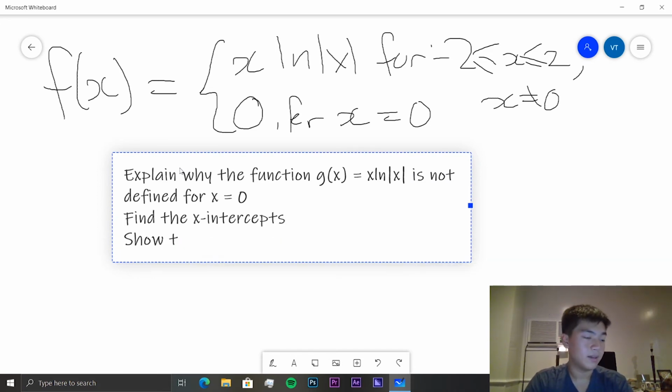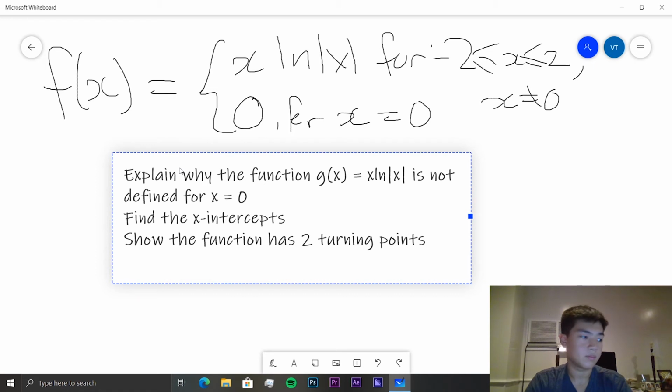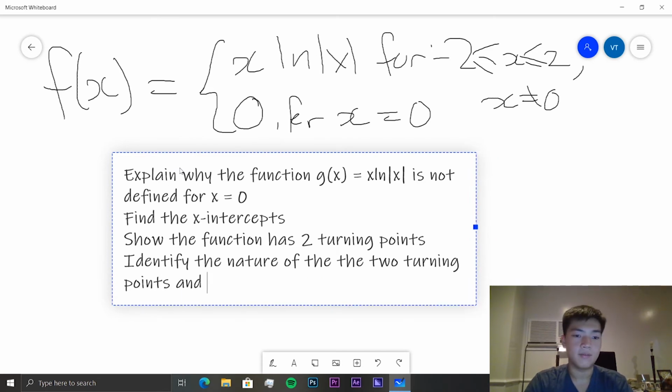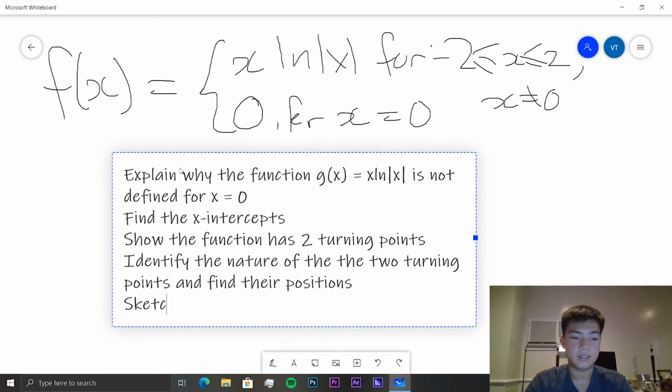Show the function has 2 turning points. Identify the nature of the 2 turning points and find their positions. And finally sketch the function.